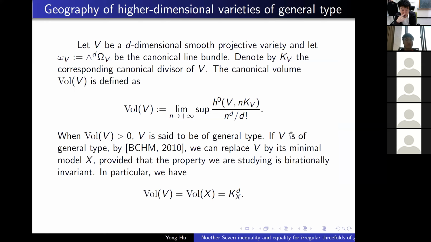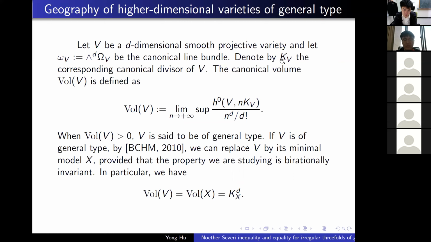Now I would like to introduce the geography of high dimensional varieties of general type. Let V be a d-dimensional smooth projective variety, and let omega_V, defined by the determinant of the holomorphic cotangent bundle, be the canonical line bundle. Because this is a line bundle, there is a divisor associated to this line bundle.